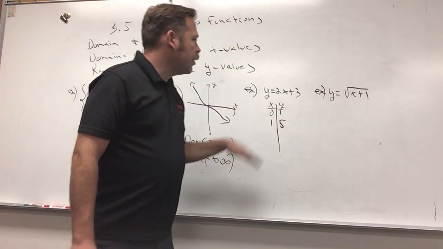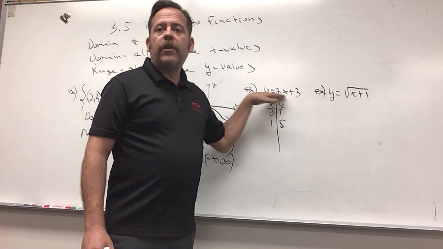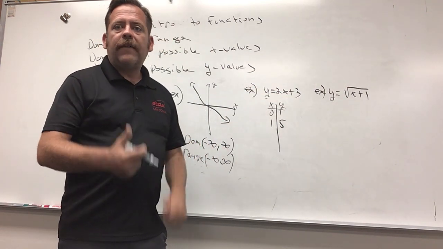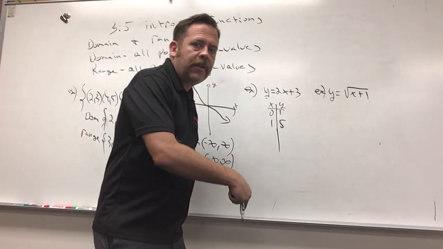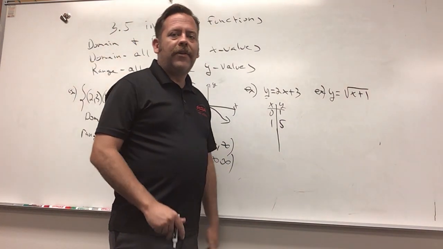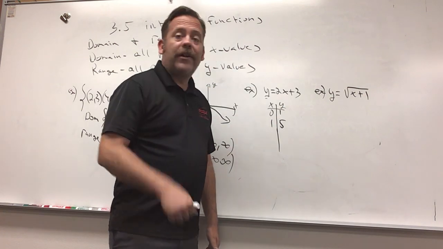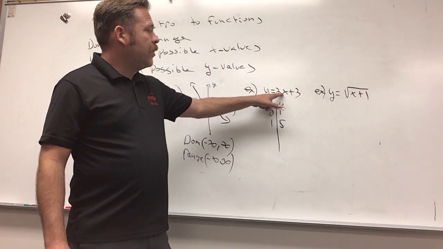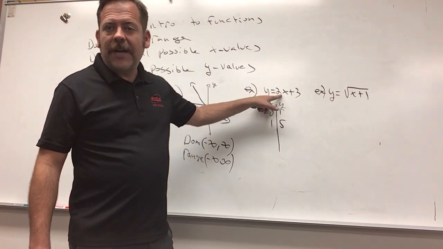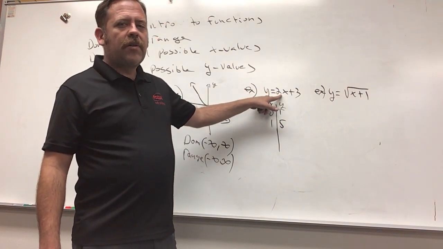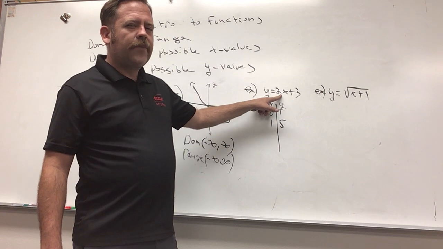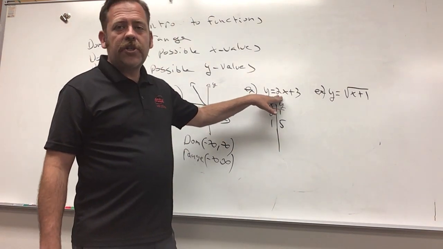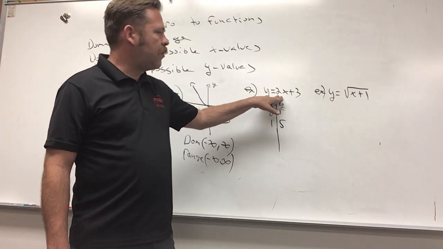Look at this one. If I was to graph this, what shape would it make? It would make a line. A line goes left infinitely, right infinitely. Most lines, unless it's horizontal, go down infinitely and up infinitely. Also, you can look at it from the equation's perspective. What's the smallest number you could replace x with? You can put any number you want in. There's no restrictions when it comes to multiplying a number by 2.